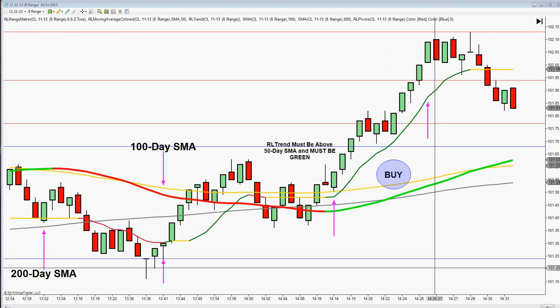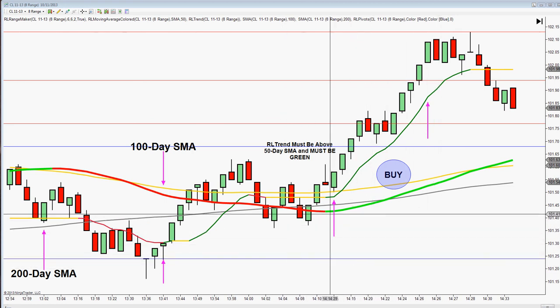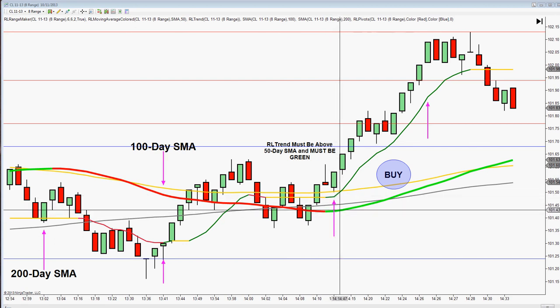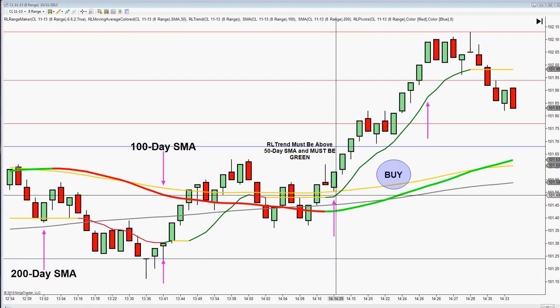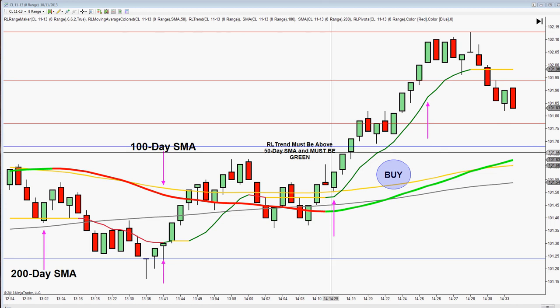So just to recap again, at the risk of being a little bit redundant, what we're looking for is price action for a long trade to be above the 50, to be above our right line trend line, which is our proprietary 15, and we don't want to have any moving average or pivot in the way to the upside. Now, we don't hit a pivot until we get all the way up here at 101.68.